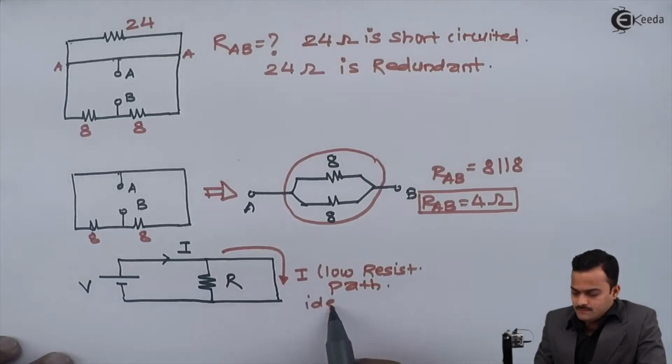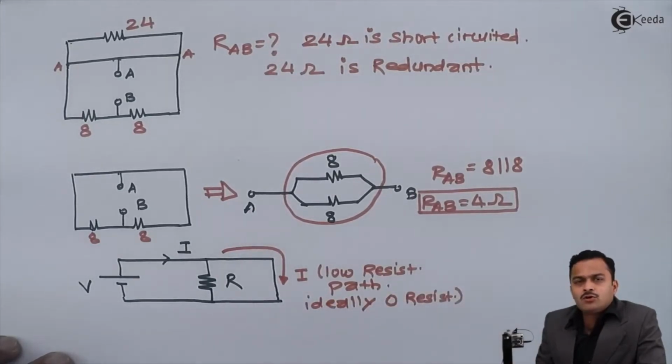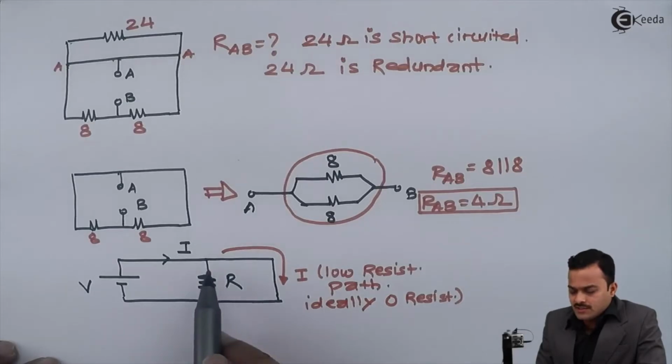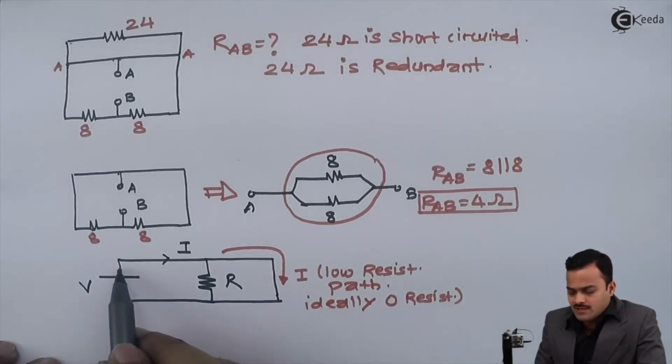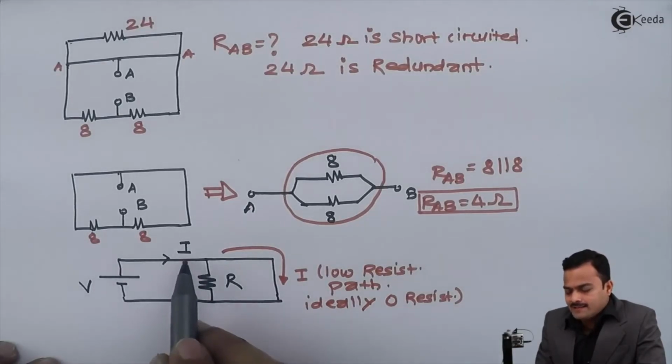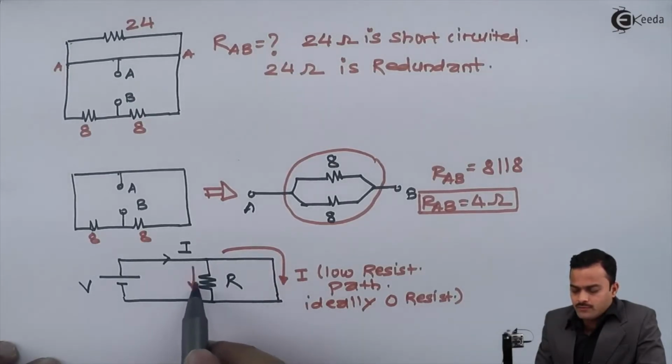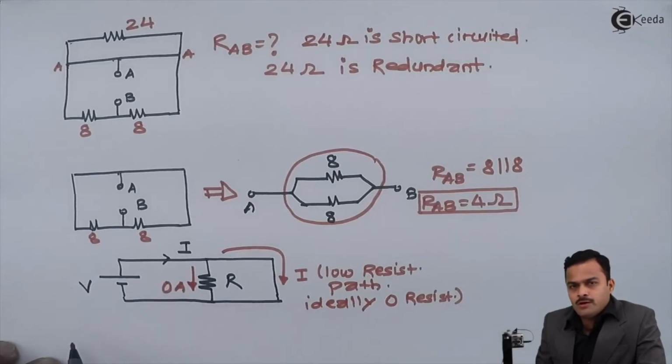Ideally, it is a zero resistance path. So whenever there is a short circuit or a wire connected across the ends of a resistor, it is actually offering a low resistance path, ideally zero. Whatever current is given by this battery will flow entirely through this link. The current flowing through this resistance R will be 0 ampere.